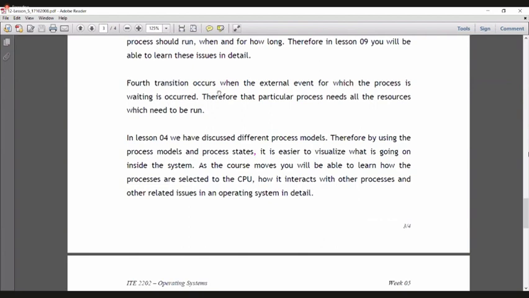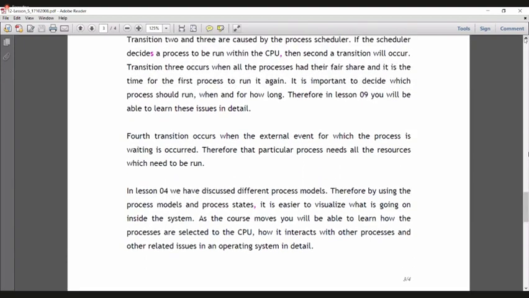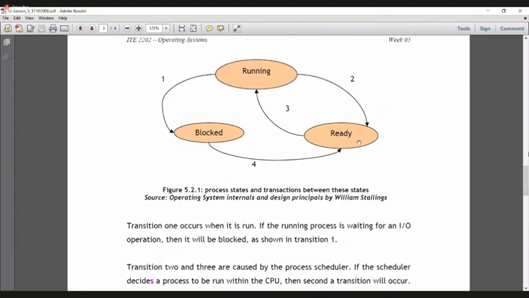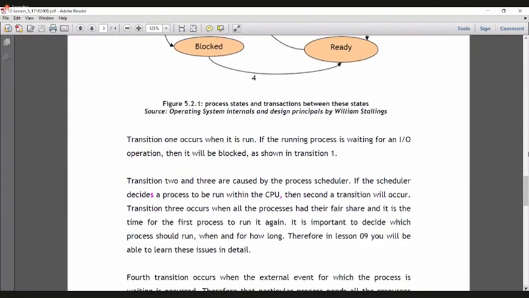Then the fourth transition occurs when an external event for which the process is waiting has occurred. So the fourth one is, you remember, from blocking state to ready state. So if an event occurs that it is waiting for, for example keyboard input came, then you can move to ready state.